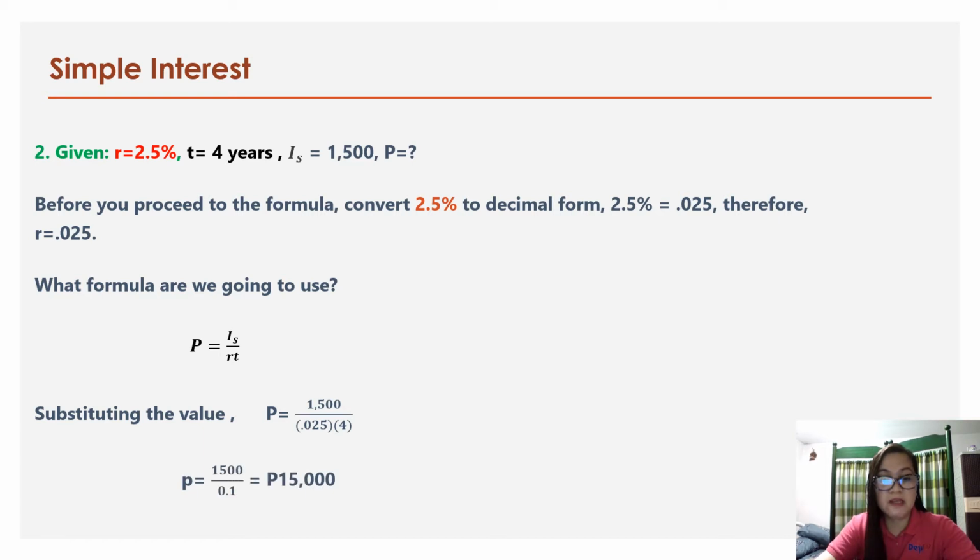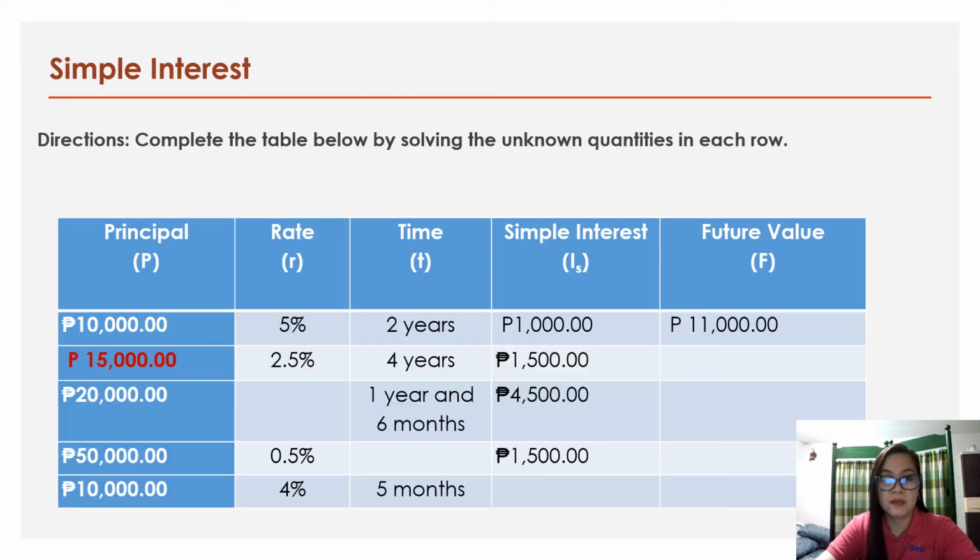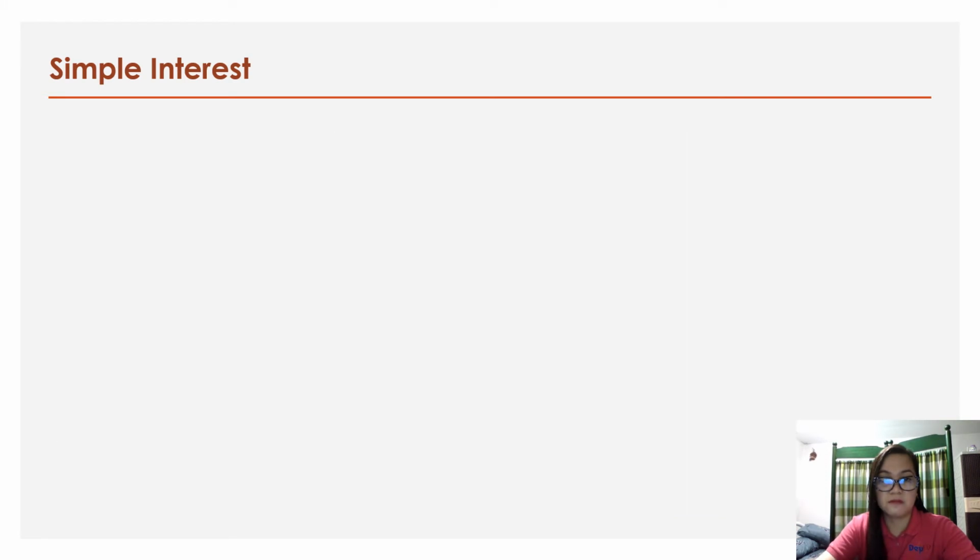So calculating on that, we will get 15,000 pesos. So therefore, the principal amount is 15,000 pesos. Okay, next, we will solve for the future value or F. These are the given. R is 2.5, T is 4 years, I sub S is 1,500, P is 15,000, and you are going to solve for F.